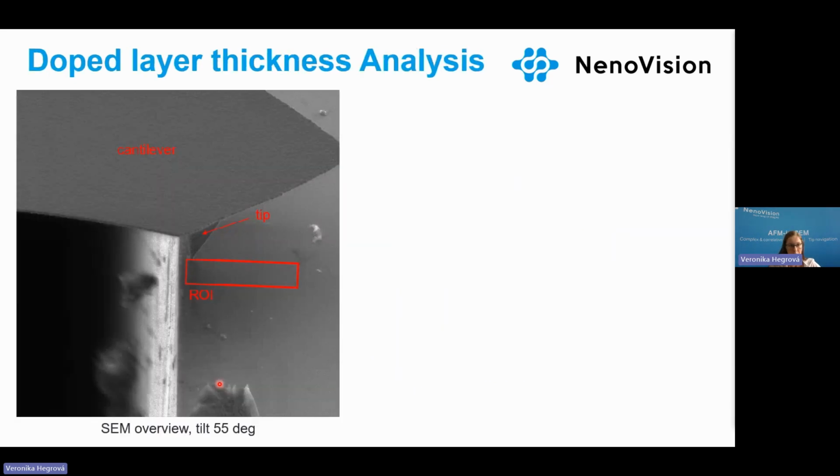It's quite a good tool for the understanding of thickness of doped layers as well. So when we have a look with tilt 55 degrees, we see the very end of the tip and exactly where we analyzed. As we can see in the SEM, we don't see much of the contrast.